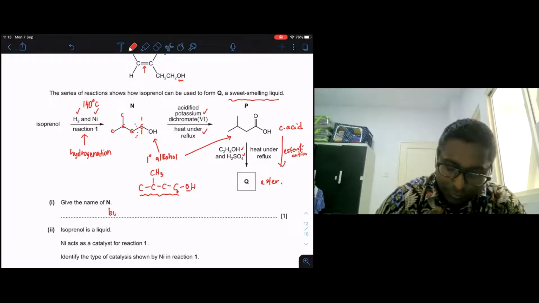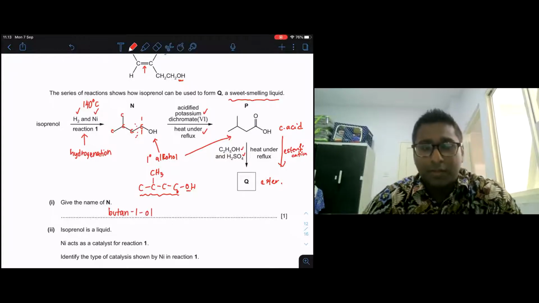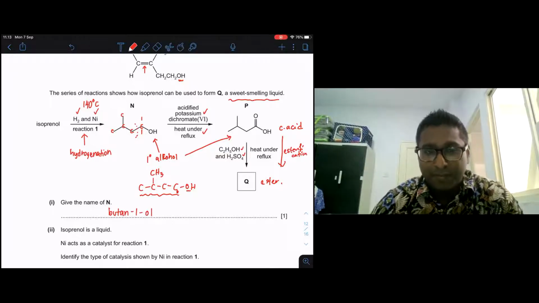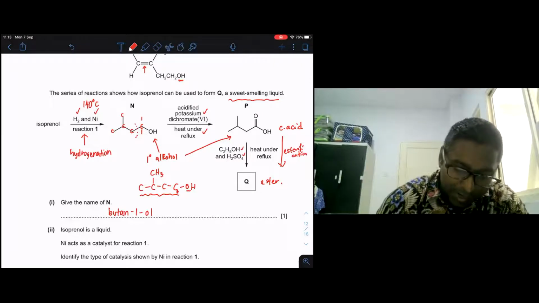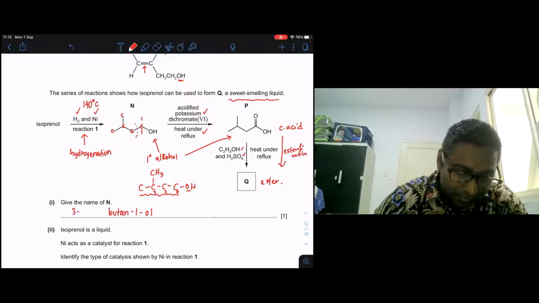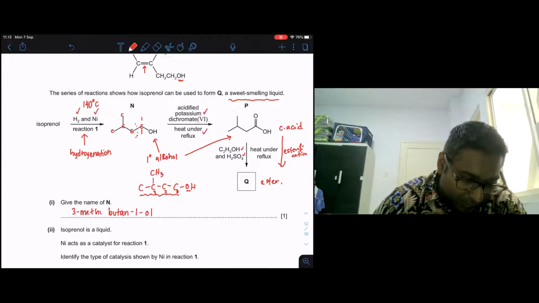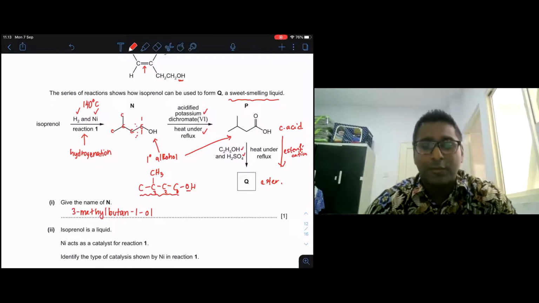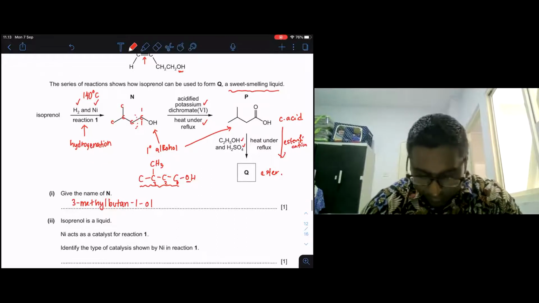So this one is butan-1-ol. Now, this butan-1-ol has a methyl group. Carbon number 1, carbon number 2, carbon number 3. So the methyl group is at position number 3. So 3-methylbutan-1-ol. That's going to be the naming.